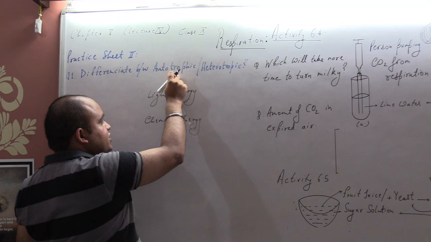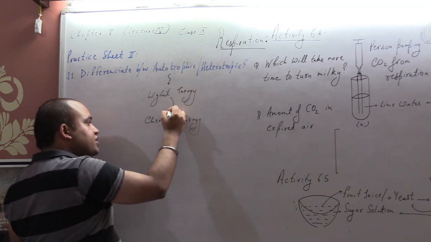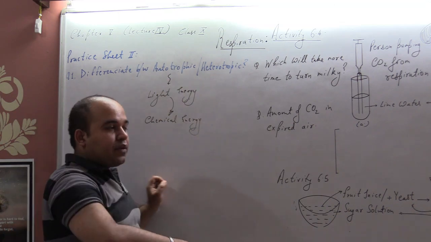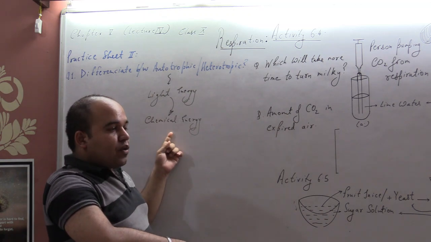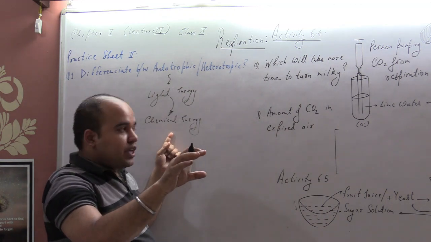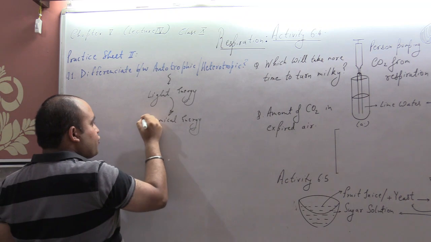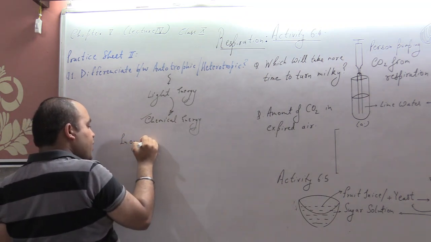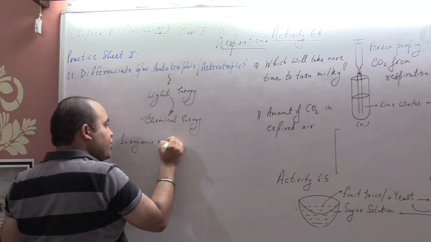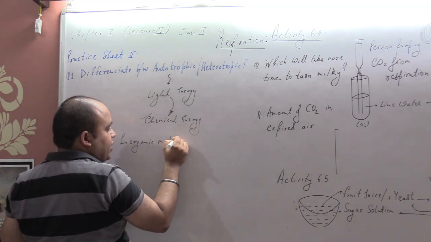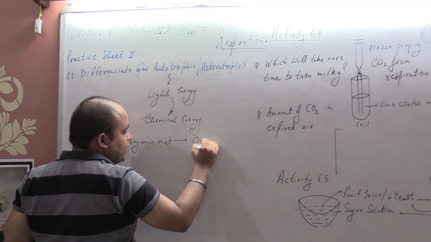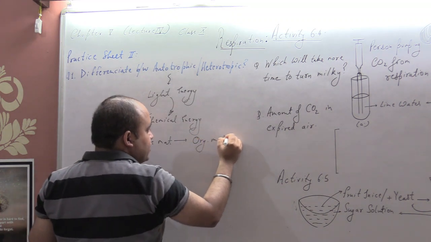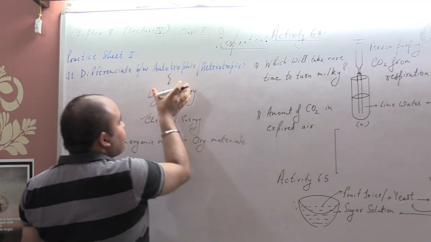Such plant species are said to be autotrophs. They do not require any food source. They can biosynthesize the food from inorganic material, inorganic materials getting transformed into organic materials. These are referred to as autotrophs.